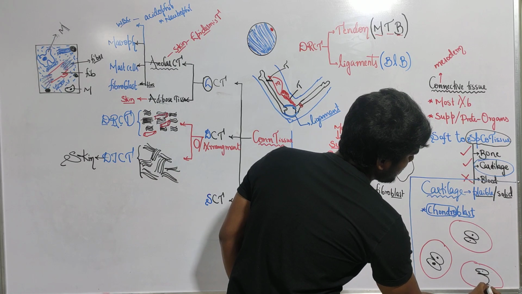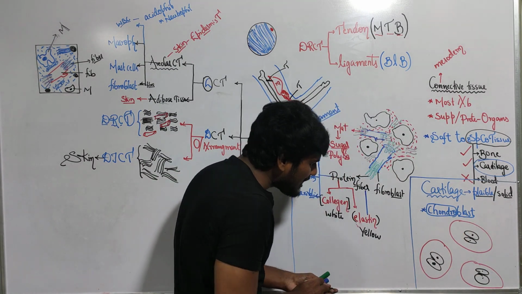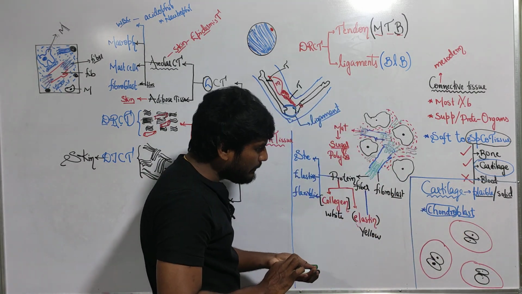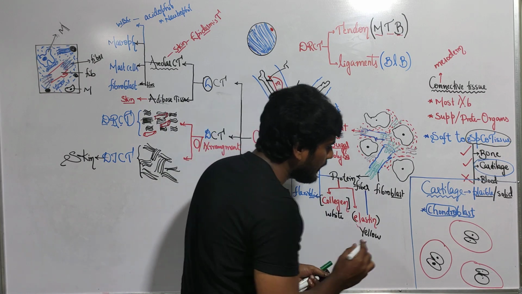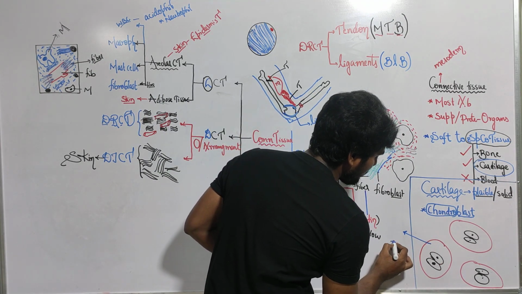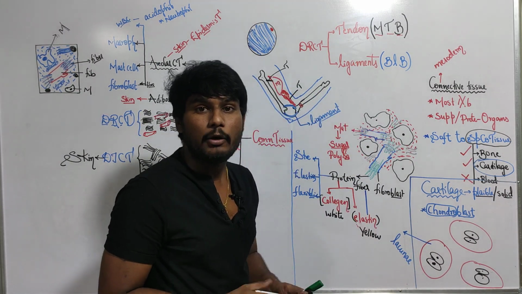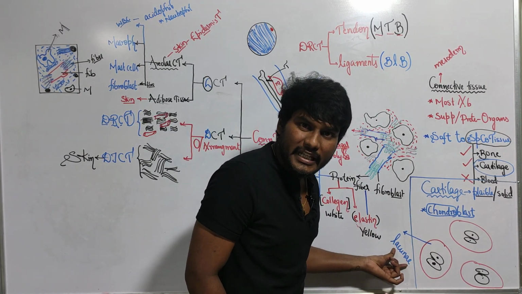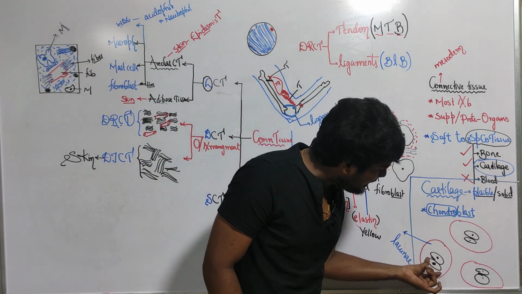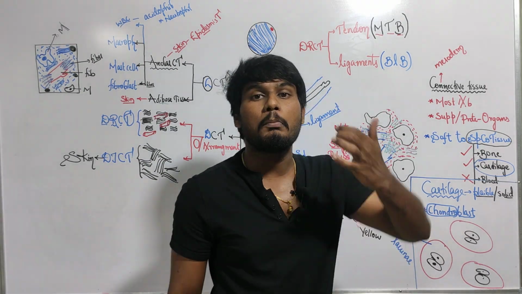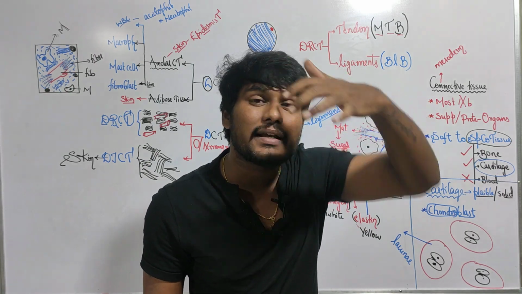Chondroblast means immature cell. And this empty space is called lacunae. Lacunae is the empty space, and inside that empty space there are chondroblast cells.